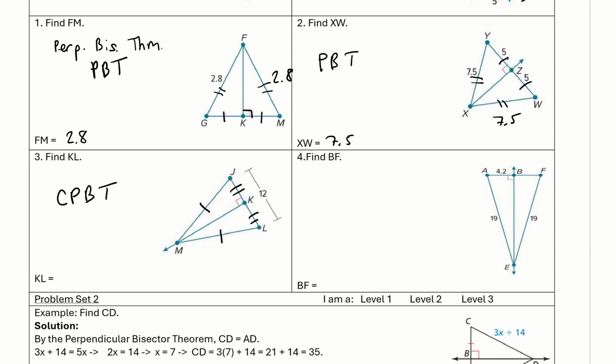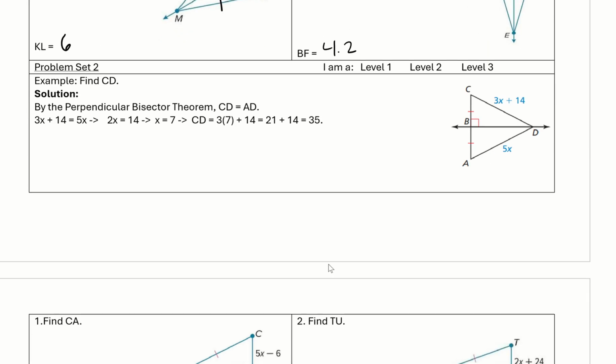And if the whole thing is 12, then each of these have to be 6 apiece. So KL is 6. All right, and this one, these are congruent, so therefore these are expected to be congruent, and it's a right angle there, so it's expected by the converse of the perpendicular bisector theorem, so therefore BF must be 4.2. All right, it's really straightforward.